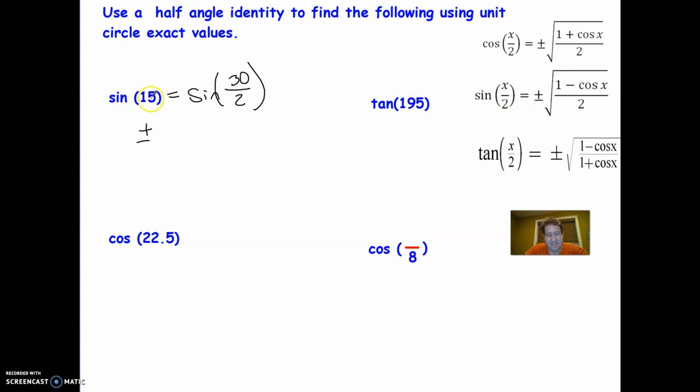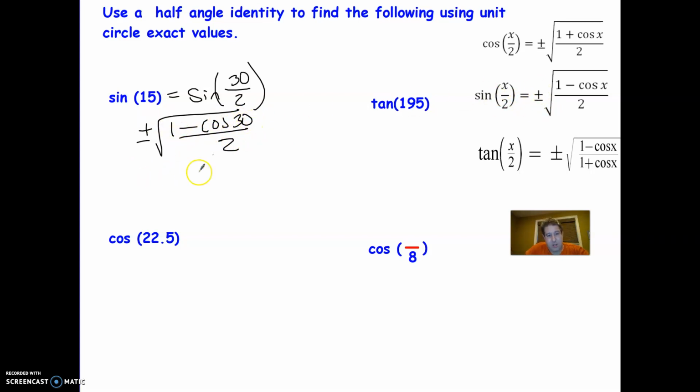So this is sine of 15, which means you know it's going to be positive because everything's positive in the first quadrant. So technically it's not plus or minus because the negative doesn't make sense. Yes, square roots do have a positive and negative, but it has to also make sense in the context of the question. All right, so this ends up being 1 minus cosine of 30 over 2. Make sure I use the right formula. Yep.